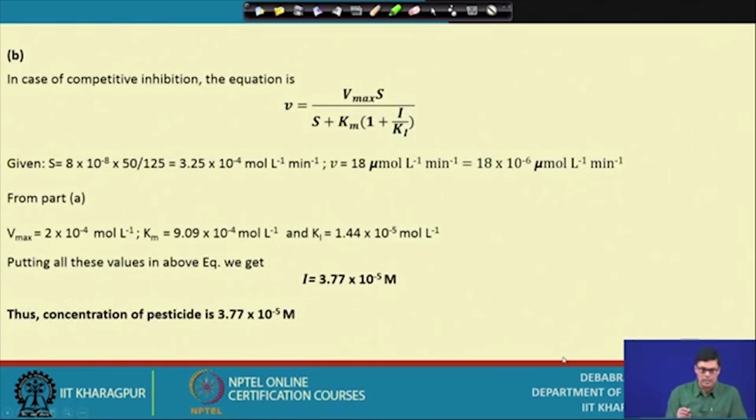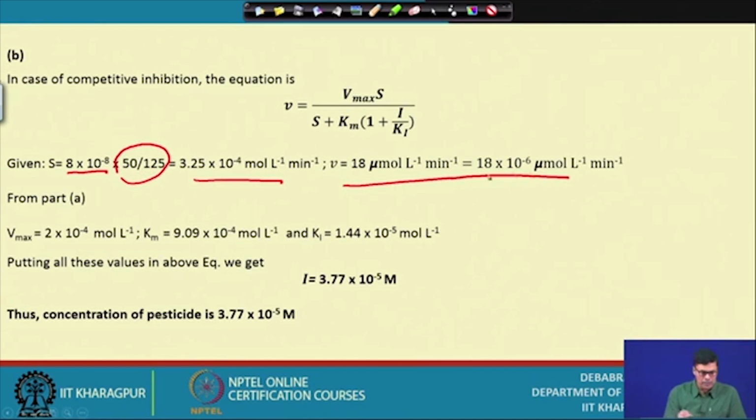Now, the next part, as I told you, the last part is very interesting, that you have to find out the pesticide concentration. Am I right? The substrate concentration is given here, but it will be multiplied with the dilution factor 50 by 125, and then we get the velocity of reaction.